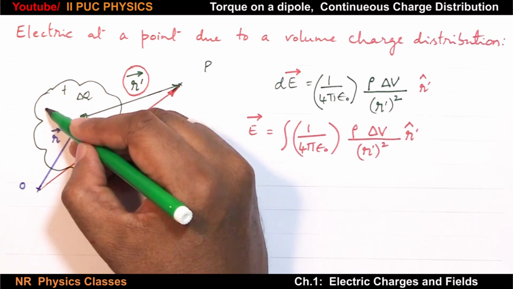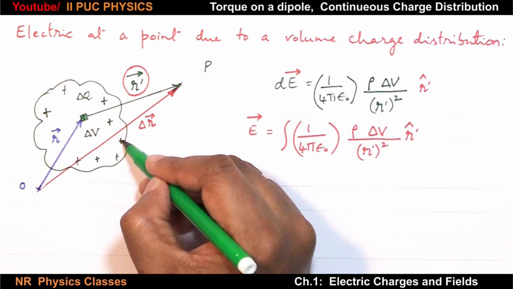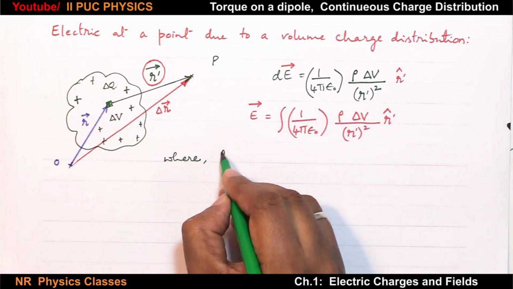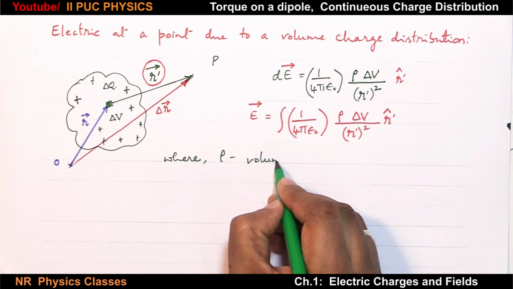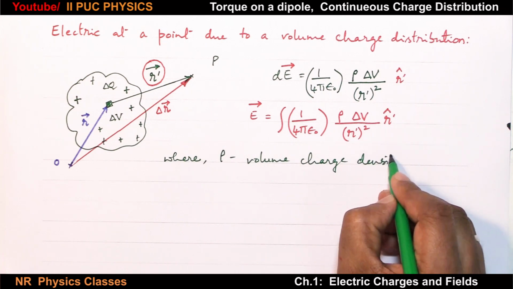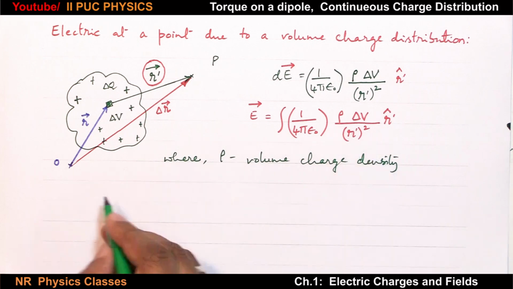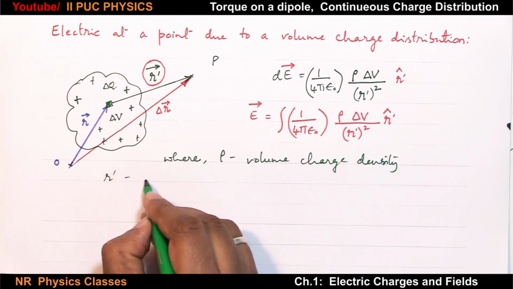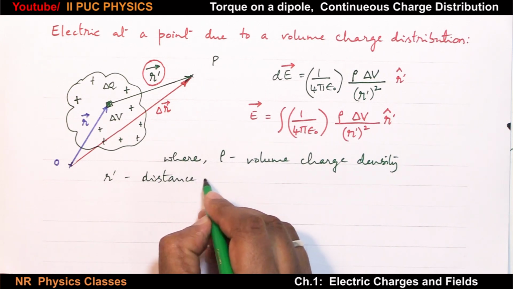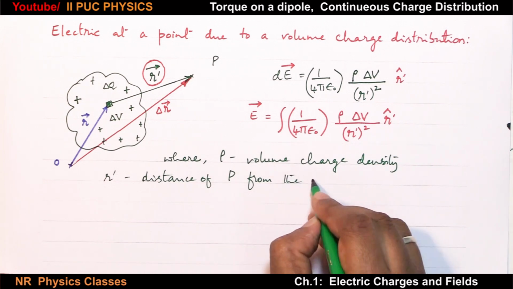Now after writing everything, we can draw some more charges. What is rho? Rho is the volume charge density. And what is R dash? R dash is the distance of P from the charge element.